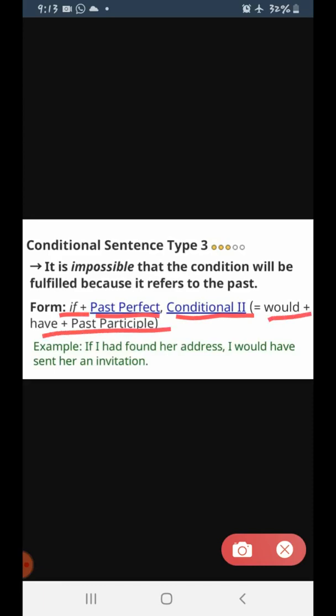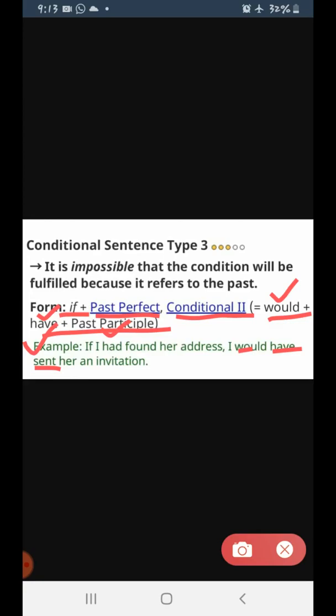Now see the example. If I had found her address, I would have sent her an invitation. See this would, and then this have, and then the past participle sent.